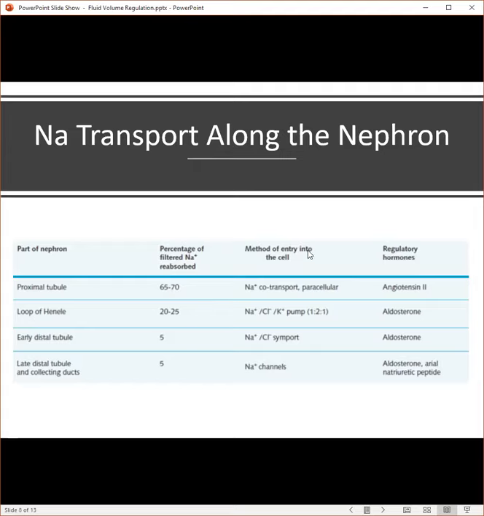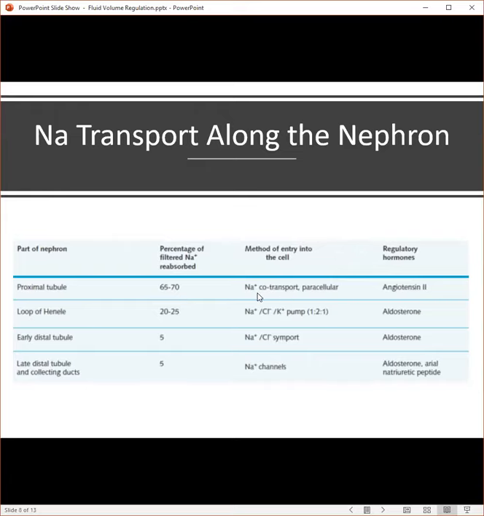And also you will see here the transport mechanisms for the entry of sodium into the cell, and of course the hormones that regulate this activity along that particular part of the nephron.